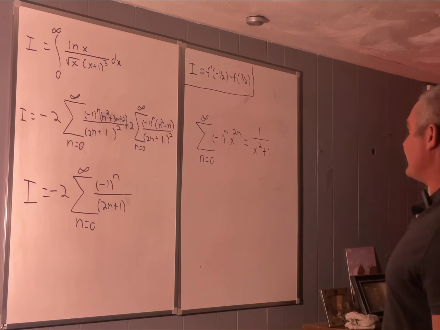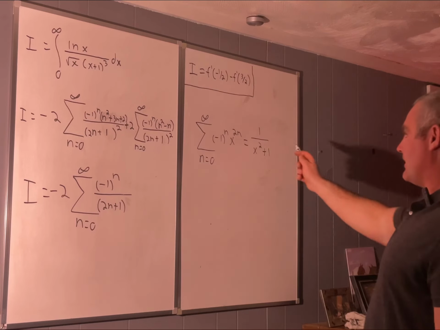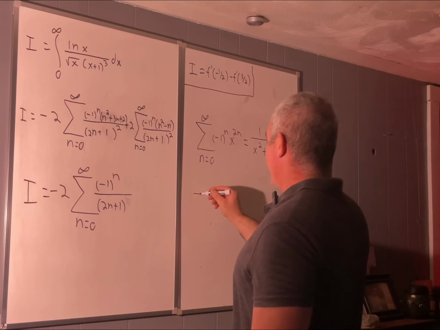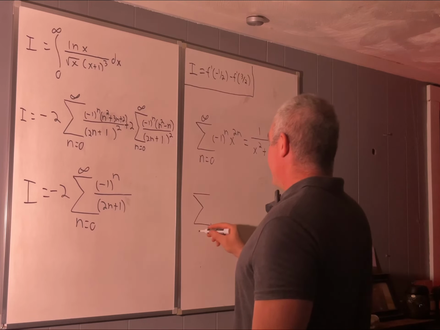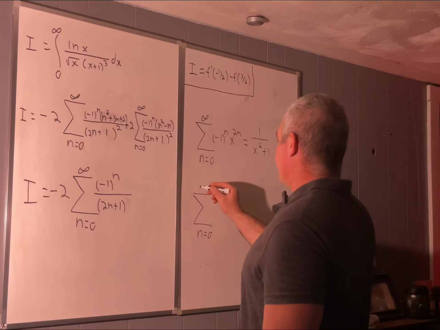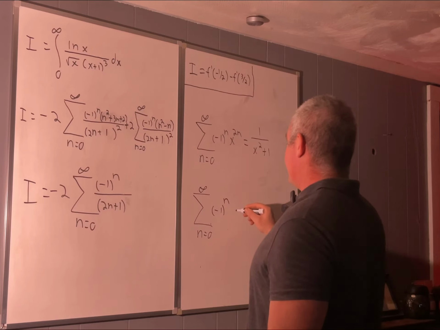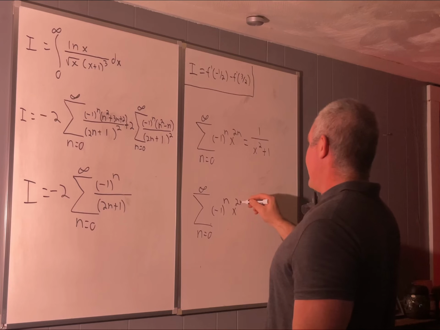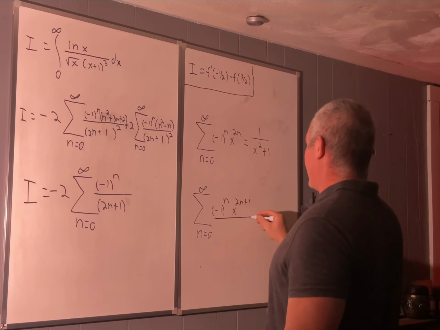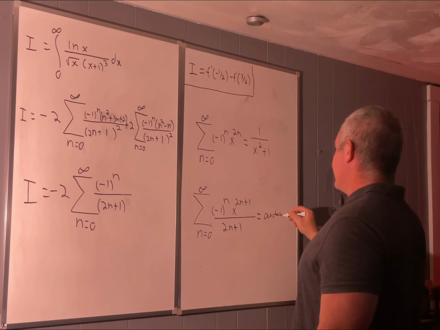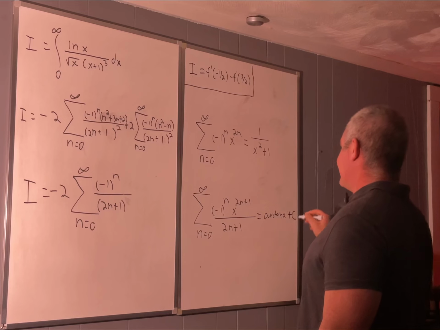Taking the antiderivative with respect to x on both sides would give us that the sum from n equals 0 to infinity of -1 to the n times x to the 2n plus 1 over 2n plus 1 is equal to arctangent x plus c.